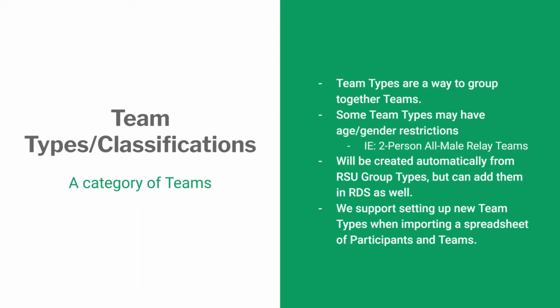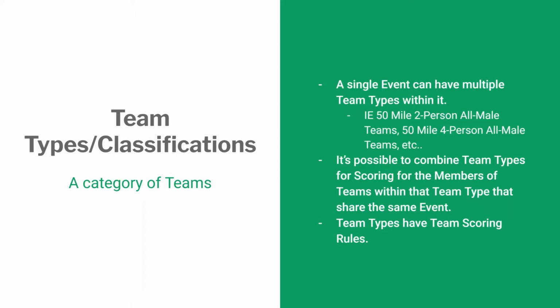A lot of times you're starting from a fresh database, you don't have the team types loaded. All you have to do is include a column called team type in your spreadsheet, and if you map that in the team or the participant import, it will say, hey, I don't know what to do with all of these teams because I don't have any team types, and it'll prompt you to create a team type to put all of those teams in.